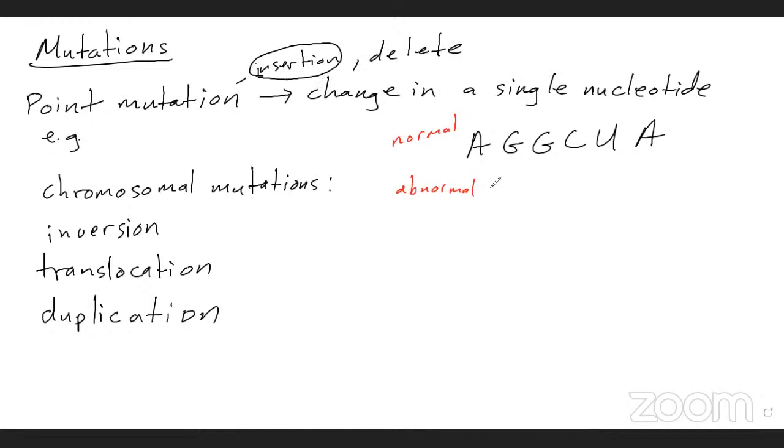If it's insertion, just put something else in there. So AGG, between the G and the C, we just add a new letter, and then you continue with CUA. So you're adding a nucleotide for the insertion.